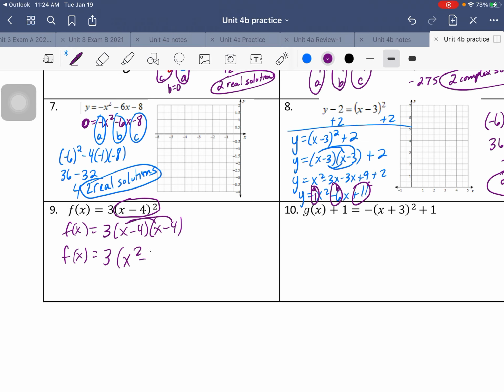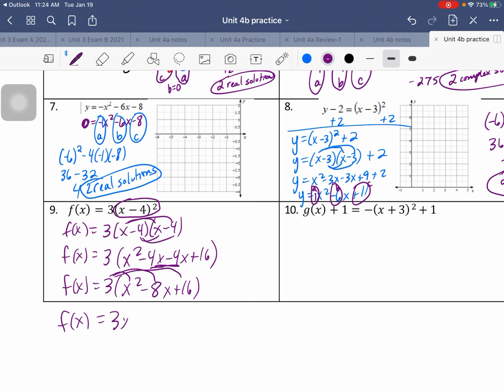That's what I do. You don't have to. Minus 4x plus 16. And then distribute the 3 to each term. Let's get those like terms together. Now let's distribute this 3 into all the terms. 3x squared minus 24x plus 48.